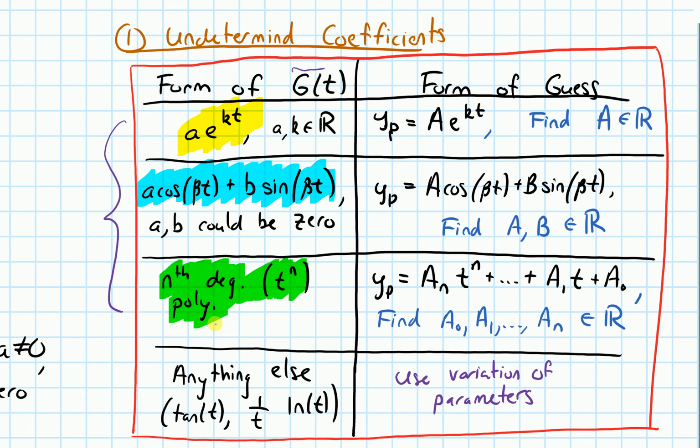And with nth degree polynomials, when you take their derivatives, you still get polynomials. The degree is smaller, but it's still a polynomial. But when you get to other types of functions, like other trig functions or things like ln, their derivatives look a lot more different. So undetermined coefficients will let us handle the case where the right-hand side is nice like this.